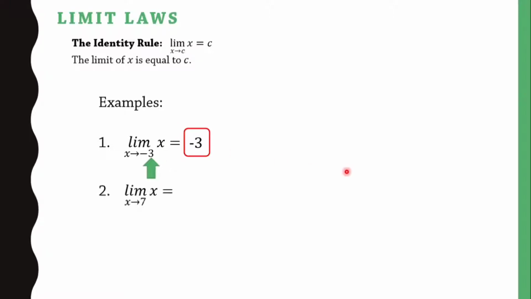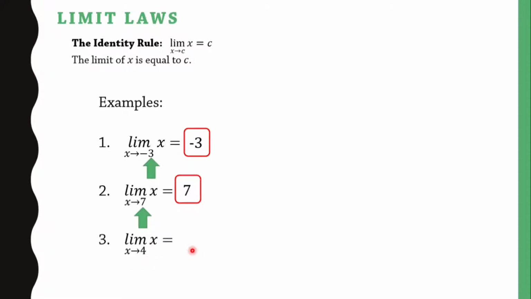Next, we have the limit of x as x approaches 7. Again, using the identity rule, let's identify which number is c. So that is 7. So therefore, the limit of this expression is 7. Next example, the limit of x as x approaches 4 is equal to blank.